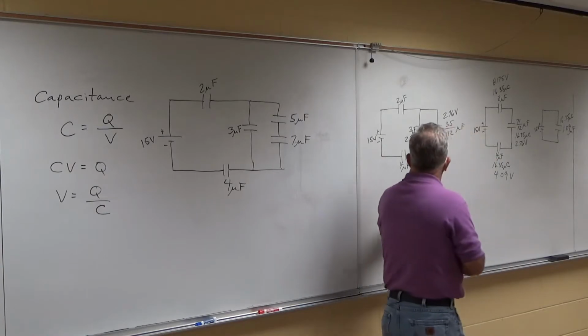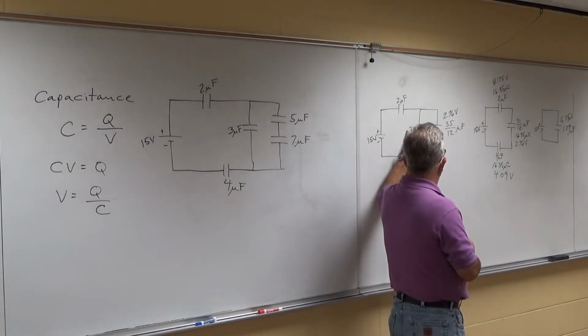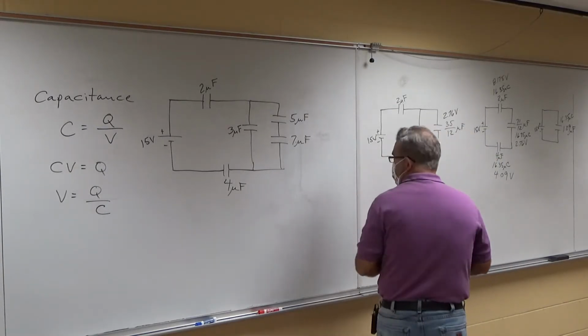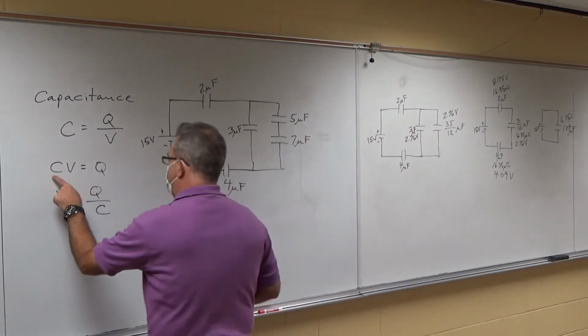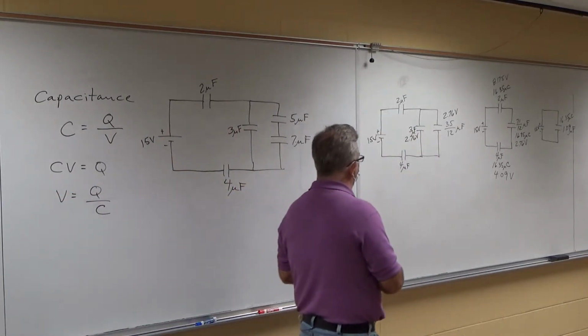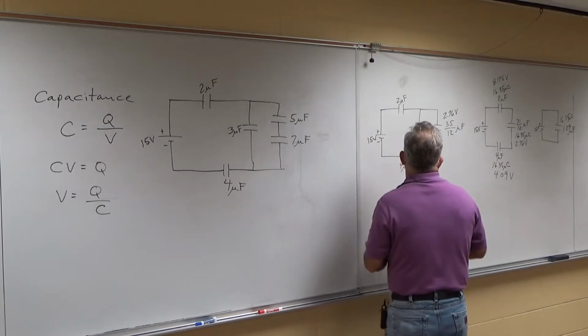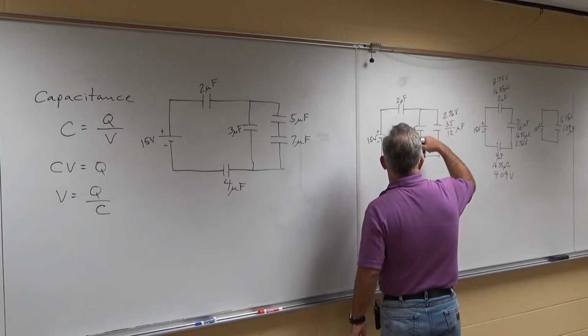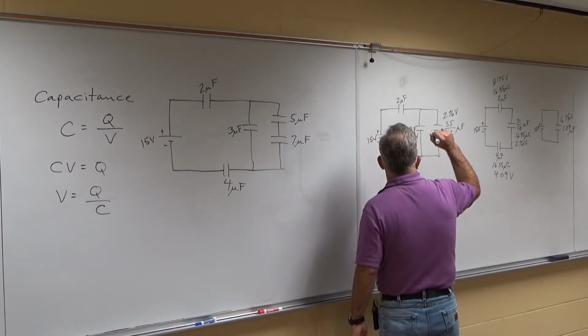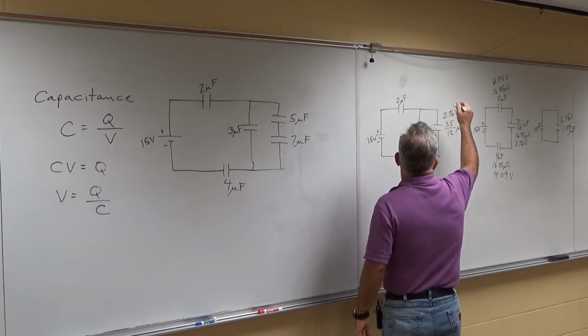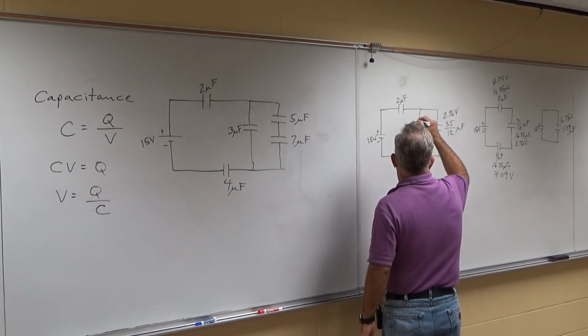Okay, we know the voltage and the capacitance, so we can easily calculate the charge, because that's just capacitance times voltage. So this becomes 3 times 2.76. What do you get for that? 8 point something.